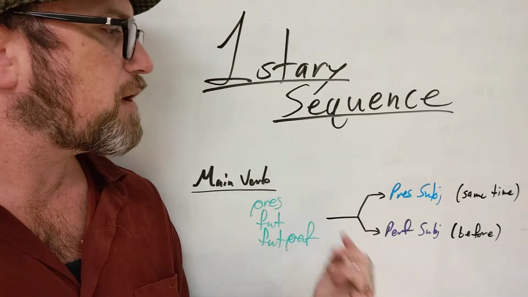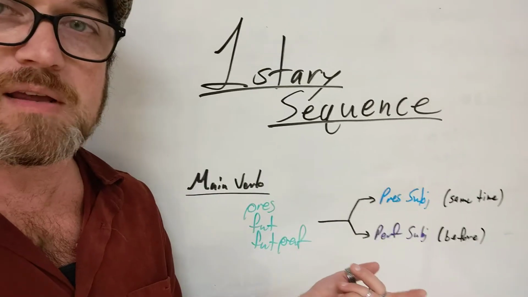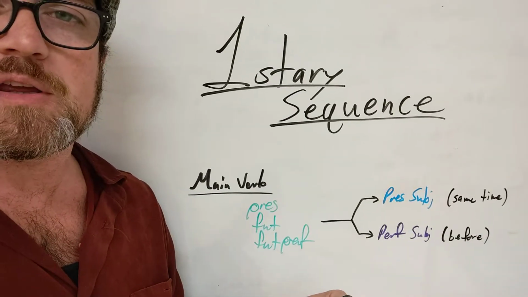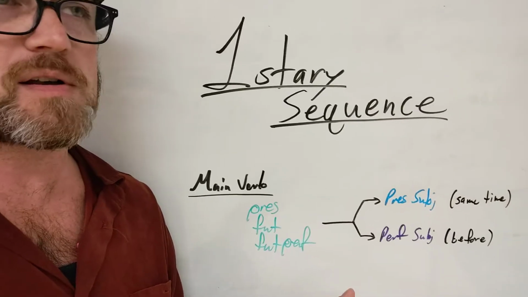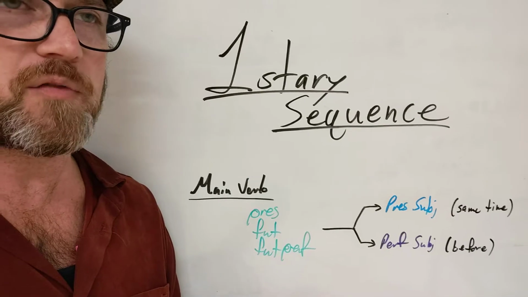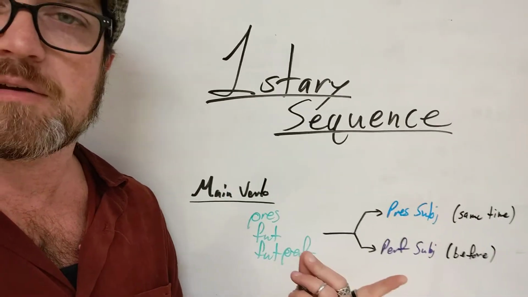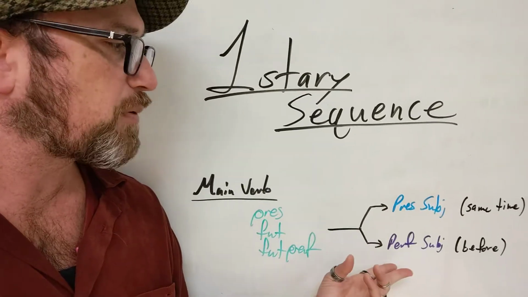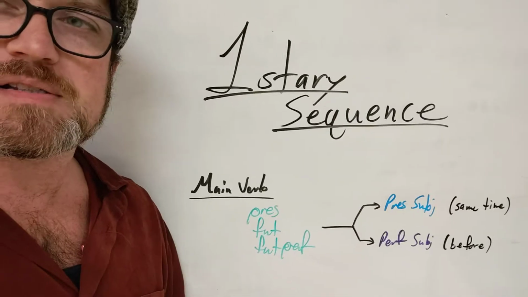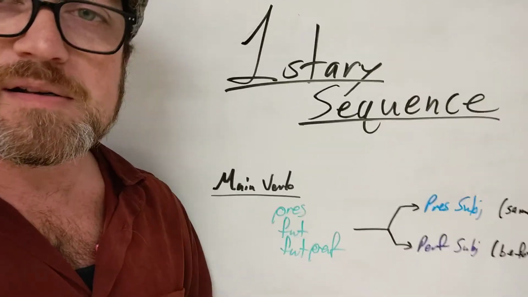And then you have your primary sequence ones, but actually, for reasons that have not been explained yet, you're way more likely to use present and imperfect subjunctives. Certain subordinate clauses really aren't going to use perfect or pluperfect. And so given that a lot of sentences are going to be in the secondary sequence and some kinds of subordinate clauses can't have previous action, you're actually not going to see this super often. You'll see it sometimes, so we have to know it, but you're not going to see it much.